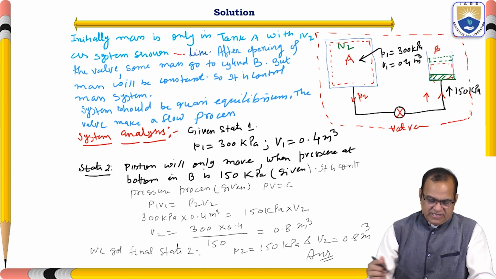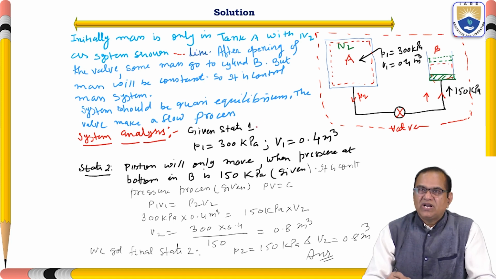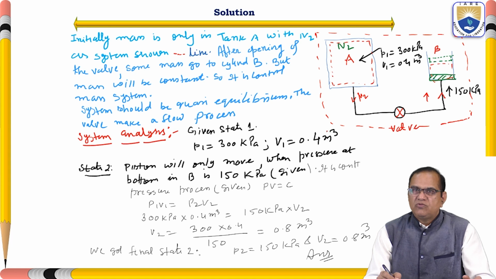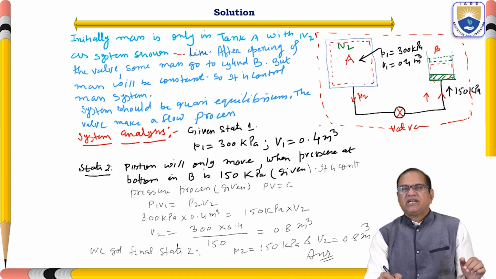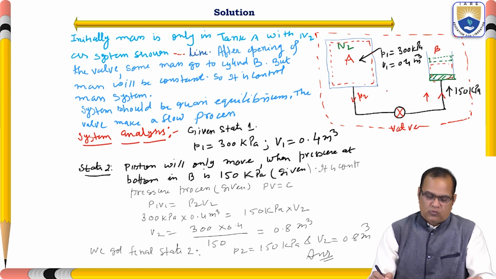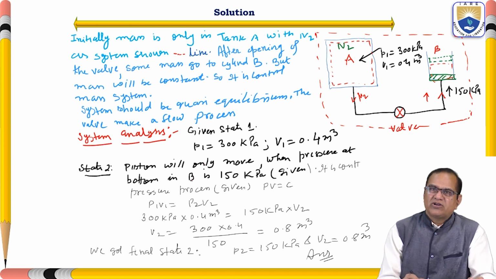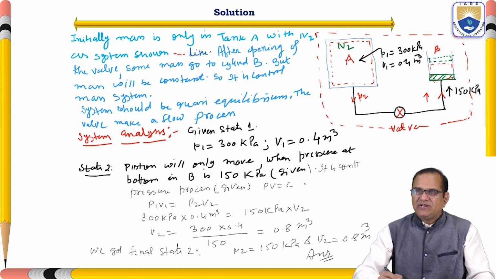So in the given state 1, P1 is equal to 300 kilopascal and V1 is equal to 0.4 meter cube. So we have to see what will be state 2. The piston will only move when the pressure at the bottom in B is 150 kilopascal. It is given.